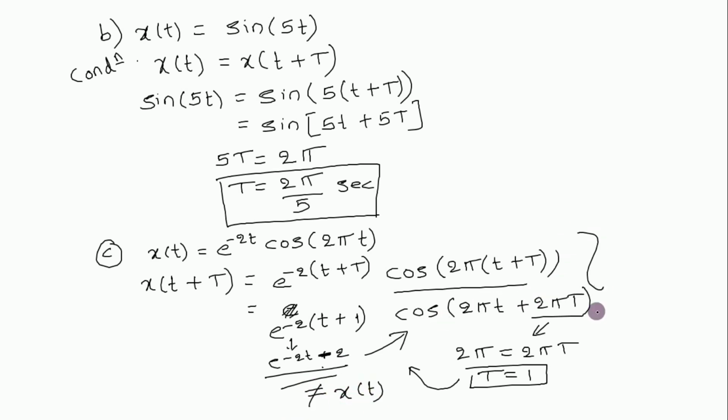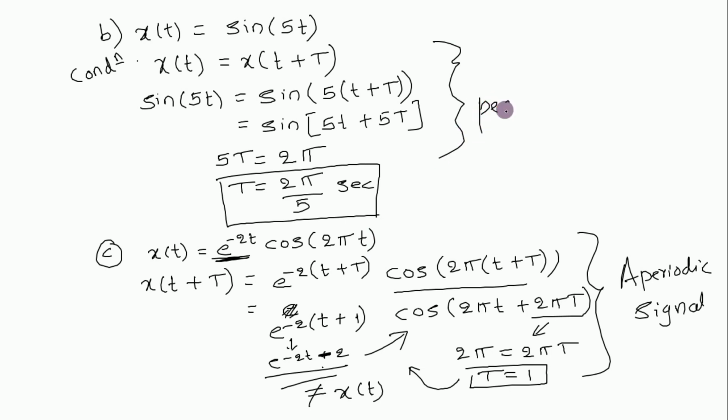Hence this is an aperiodic signal, because you cannot get back the original signal as e raised to minus 2t, because of the existence of this particular component. This is an example.